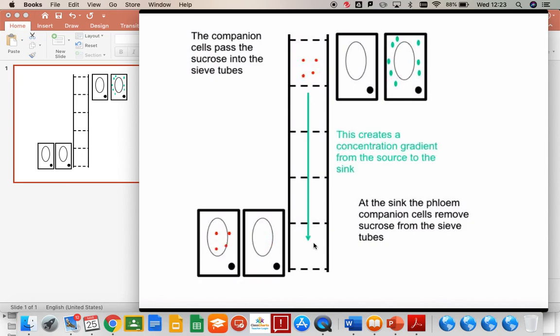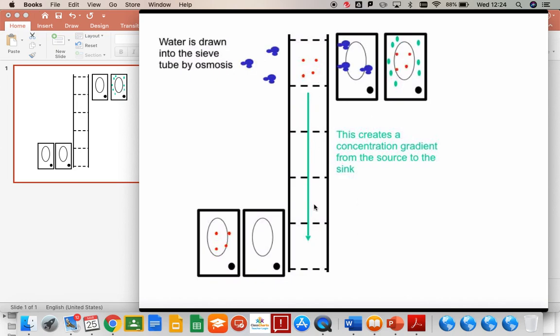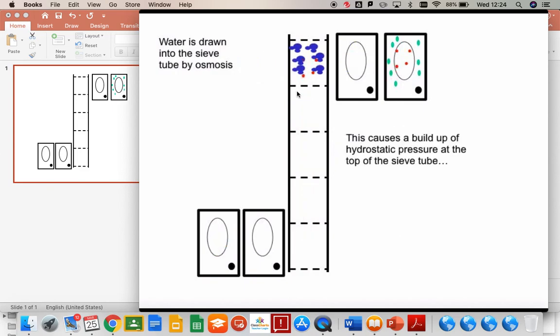So say this was a potato, these sugars could be taken by the companion cell out of the phloem, passed into other cells where they would be converted to starch for storage. Anyway, hopefully we can see if we're loading at one end, taking away at the other, we'll end up with a concentration gradient of sucrose in there. Because we have a high concentration of sucrose here, water will move in by osmosis.